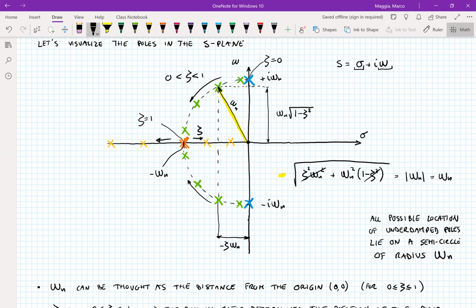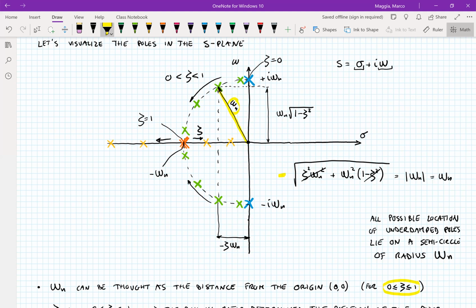So geometrically speaking, now you have an idea of how to interpret the natural frequency and the damping ratio. You can think about the natural frequency as the distance from the origin, at least for zeta between 0 and 1. Omega n is the distance from the origin.